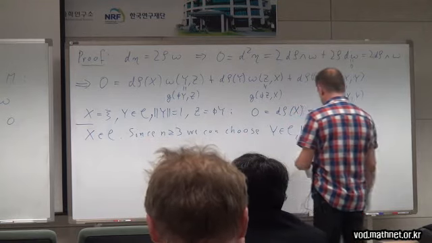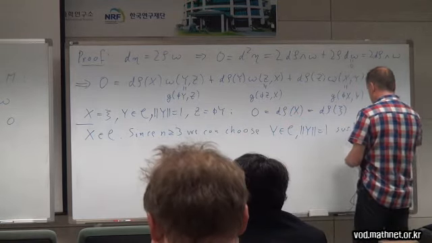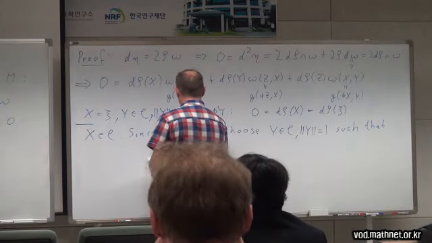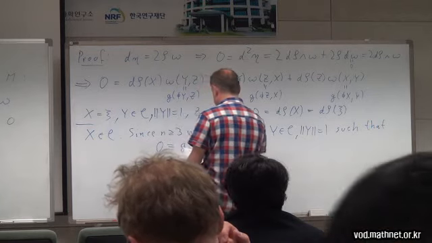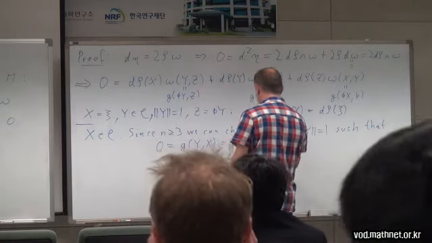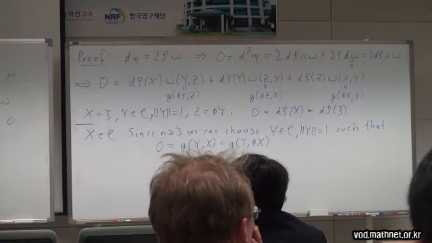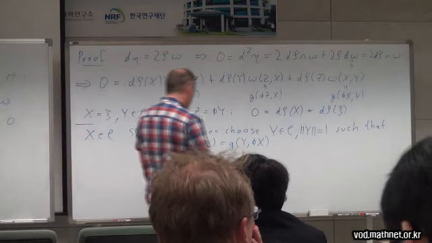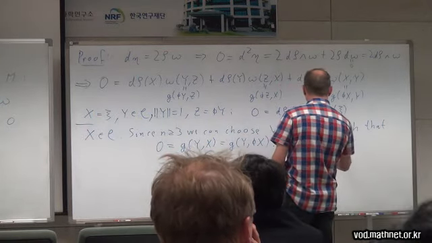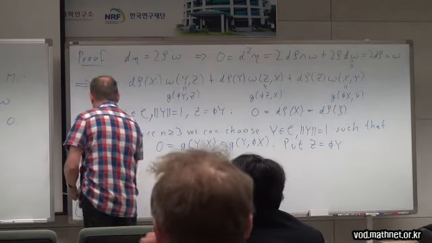Again, we assume it has length 1, such that y is perpendicular to x, and it's also perpendicular to phi x. Standard thing to do.